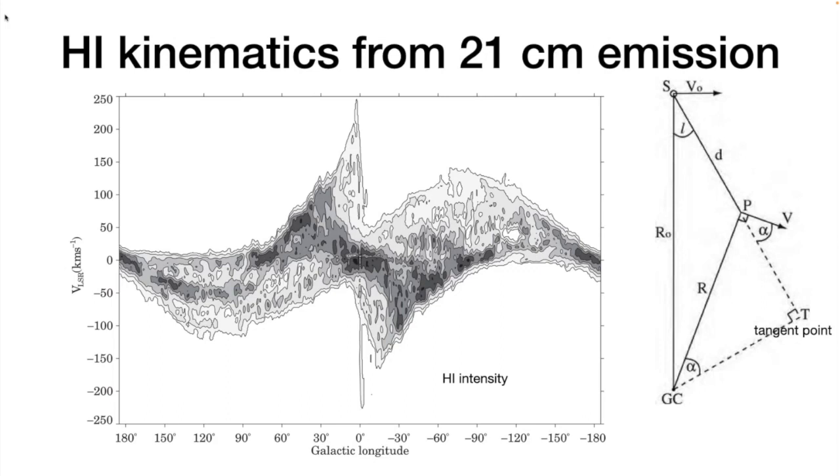So these are contours of constant intensity of H1. This is longitude, this is positive. Say you are looking at an angle of 30 degrees. All the gas along the sight line gives you emission.